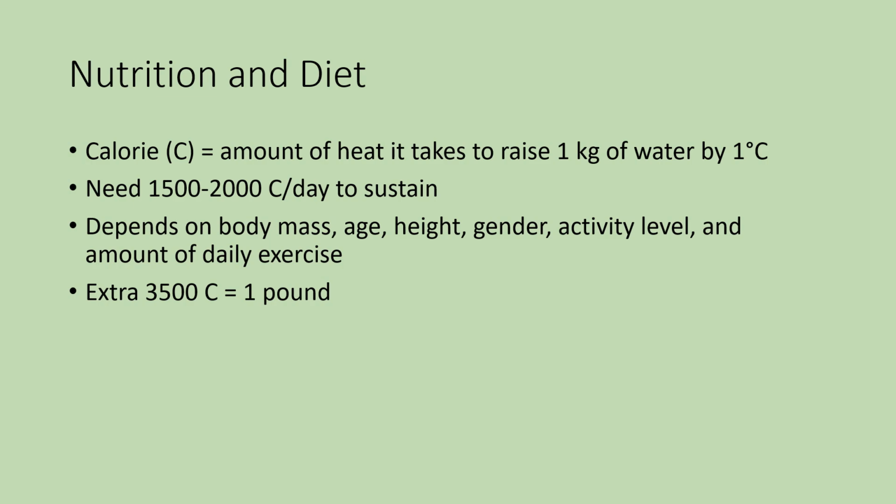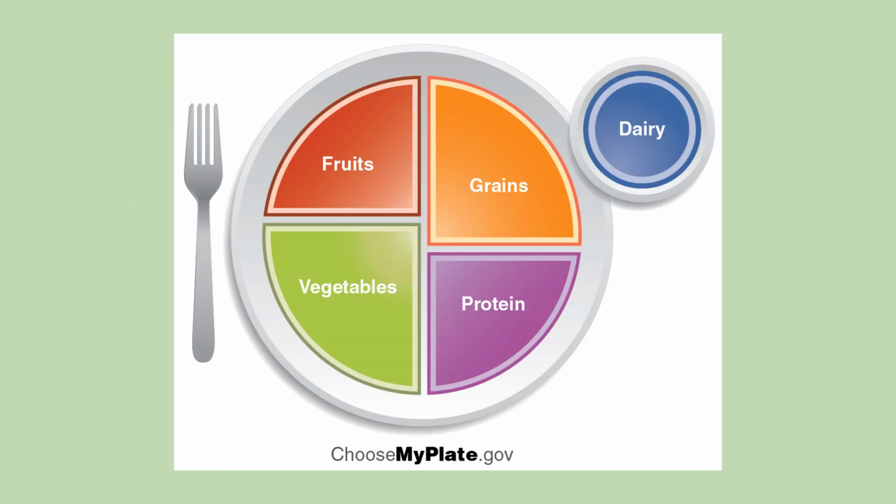Your book mentioned that a lot of people underestimate the ratio of calories versus exercise. They think they're taking in fewer calories and exercising more, and therefore burning more calories, than what they're actually doing.